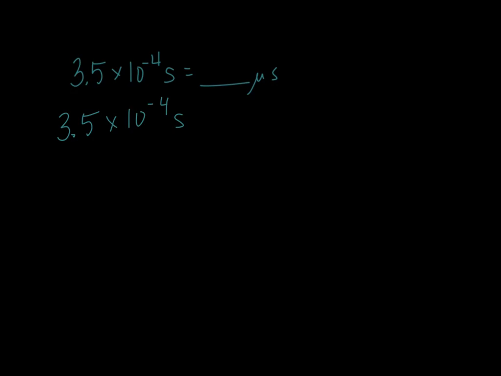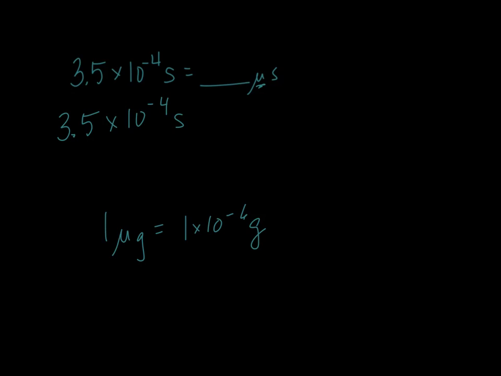And so I'm going to look at the list that was given to me in class, and I'm going to look for the abbreviation micro. And if I look all the way over to the example problem, what I see is that 1 microgram is equal to 1 times 10 to the negative 6 grams.